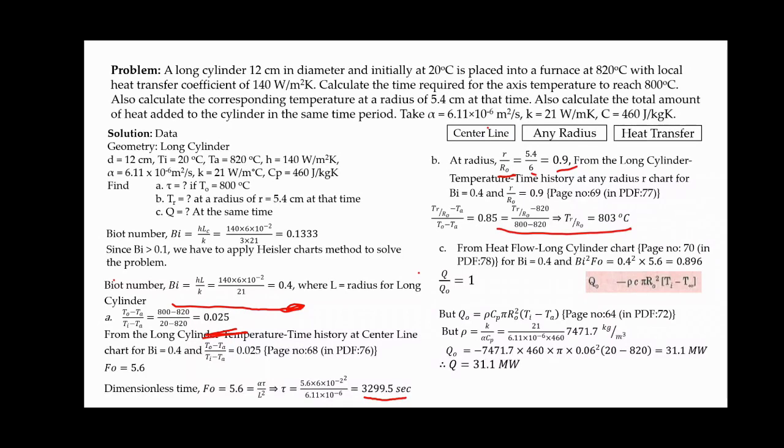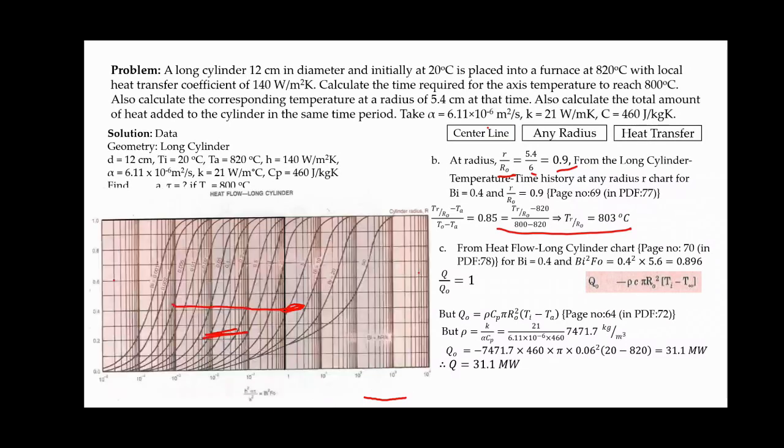Biot number is 0.4 and Fo is 5.6. So when I do that, I'll get it as 0.896, which is very close to 0.9. Now I'll refer to the chart.